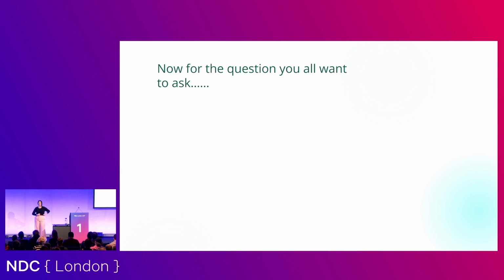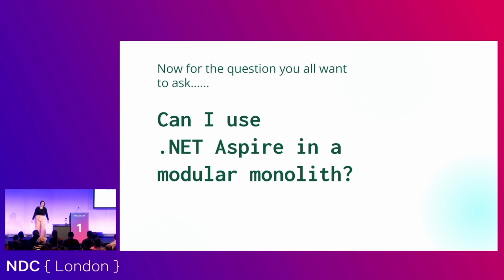Now for the question you all want to ask, even if you didn't know you wanted to ask it. Can I use .NET Aspire in a modular monolith? Yes, you can. Not right now, because it doesn't support half the things, as I've learnt recently, and it's only in preview 2. But yes, you can.